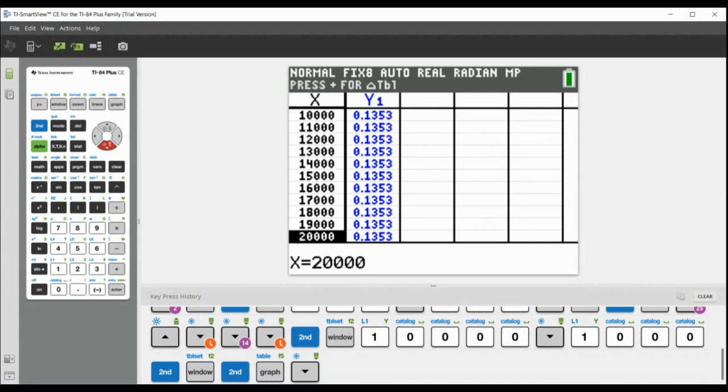The float feature on the calculator, I'll have to get back to you on that. I'm not exactly sure what that means.